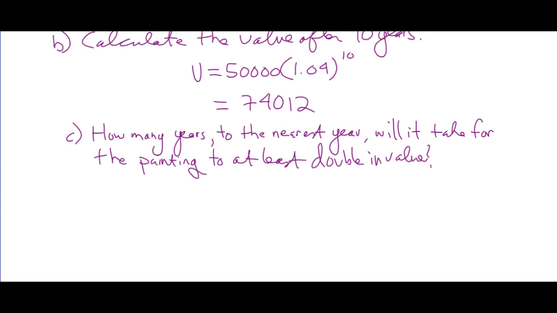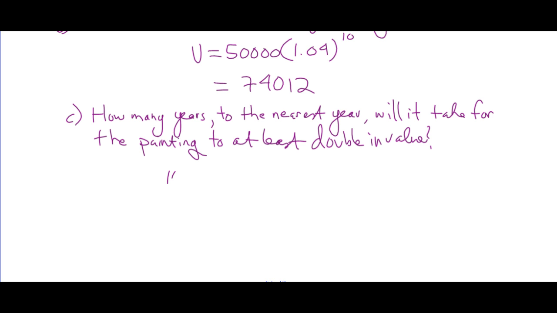We want it to double in value. So we're going to say 100,000 is equal to 50,000 times 1.04 to the t. So we want to know what's t when it's worth $100,000, right? Like how many years will it take? And we want that to the nearest year.